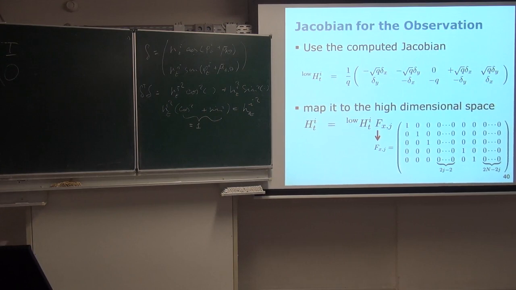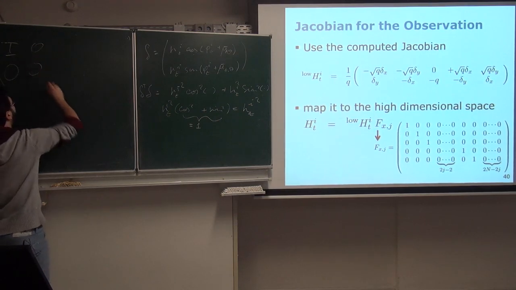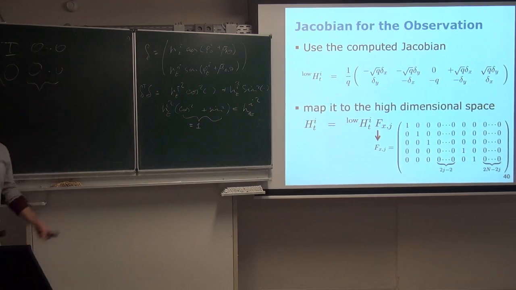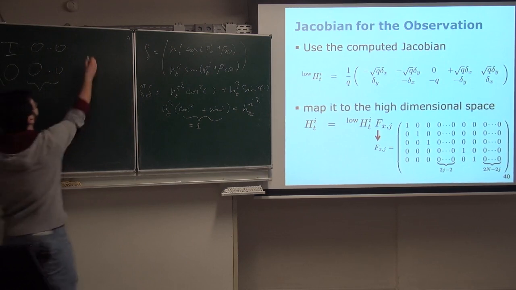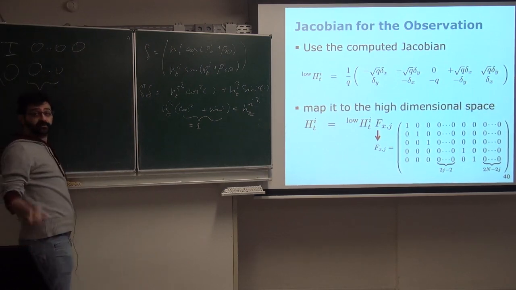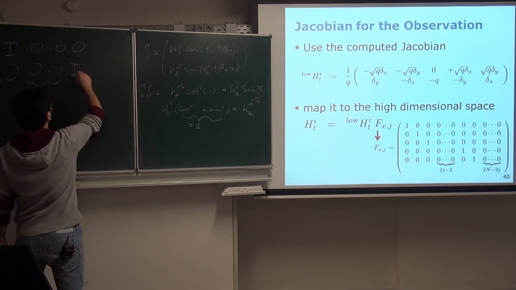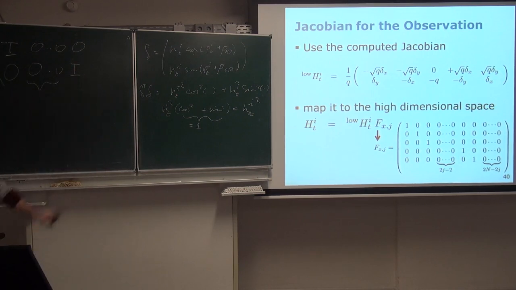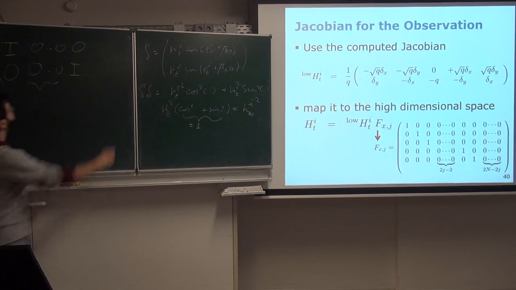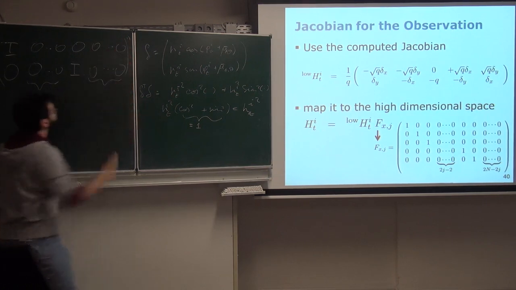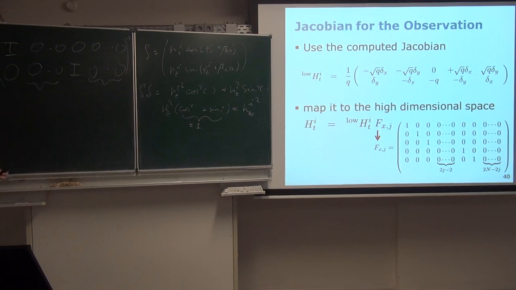Then there are a lot of zeros until we reach the landmark that is actually the one observed. For the observed landmark, we have a 0 in the upper part, because we don't touch the robot pose part, and we have an identity down here. Basically, it says select this guy and put it in this line of variables. Then again we have a part with all zeros. So that's how our matrix looks, and that's exactly how it's been shown there.